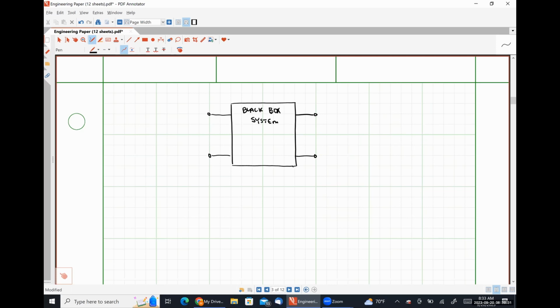Okay, so typically speaking, if we apply some input, let's call it x1 of t, we can expect the system to give us some output that is associated with that input. And if we applied a separate input, x2 of t, by itself, we would expect to see a separate output, y2 of t.